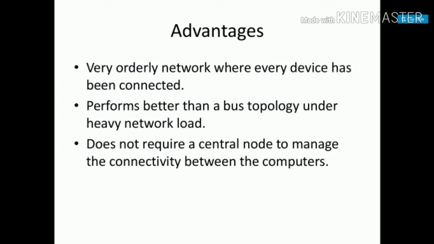The advantages of ring topology are that this is a very ordinary network because the devices are already connected, and the performance is better than bus topology because under heavy network load it can manage properly, and it doesn't require a central node to manage the connectivity between the computers.